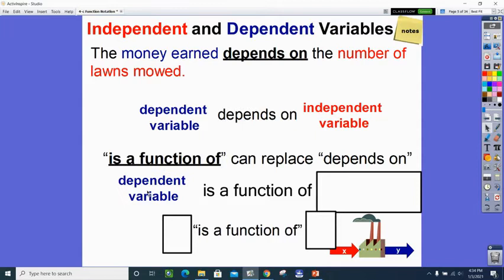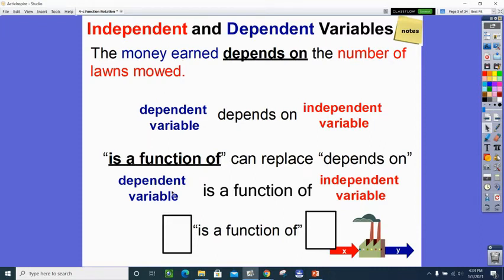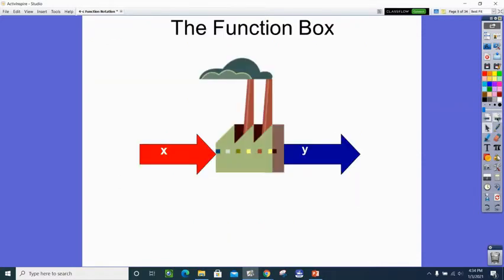So we could say that the dependent variable is a function of the independent variable. So the money earned is a function of the number of lawns mowed. It's just a math English connection there. And if we get down to our variables, y is a function of x. Y depends on x. So here's some language between independent and dependent variables, and this is going to lead to a different way of writing this y.